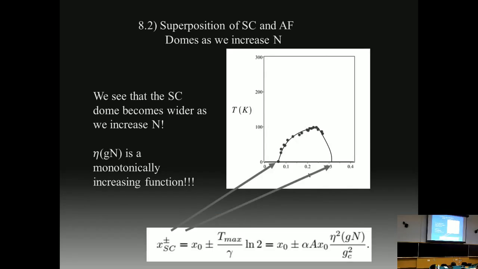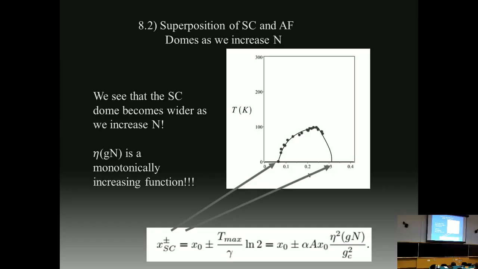So finally, the two points where the transition occurs at t equal to 0, which we obtain from our general formula by just making t equals 0. As we see here, x minus, which is this point here, is x0 minus this, and this is a monotonically increasing function.